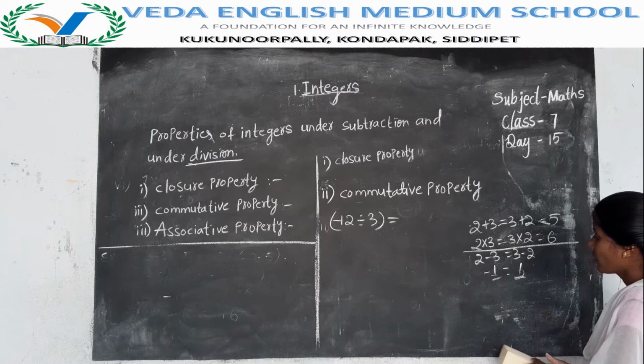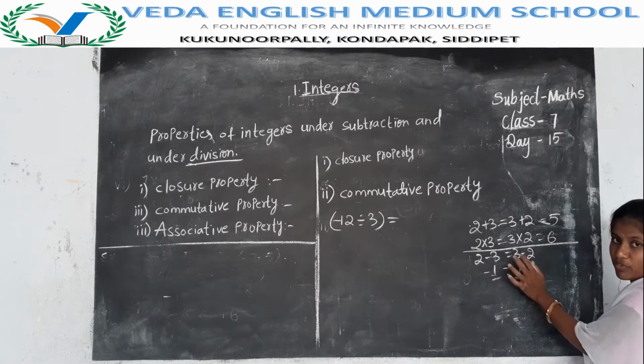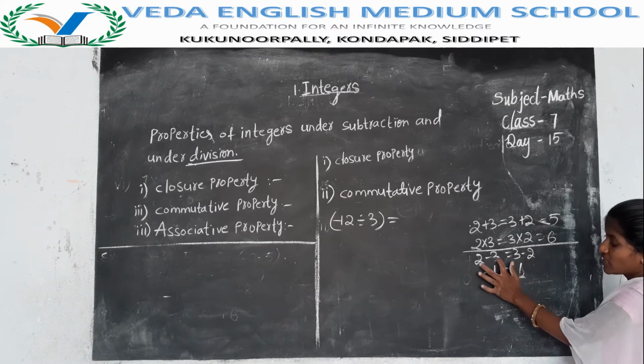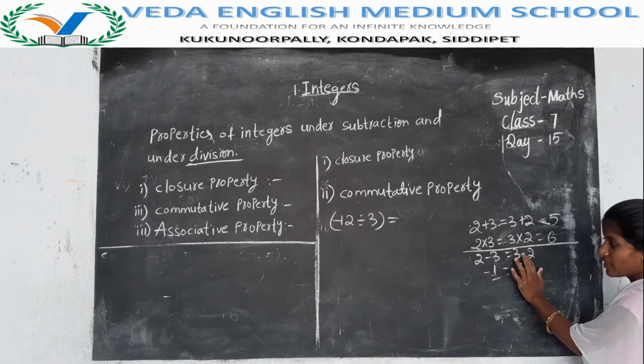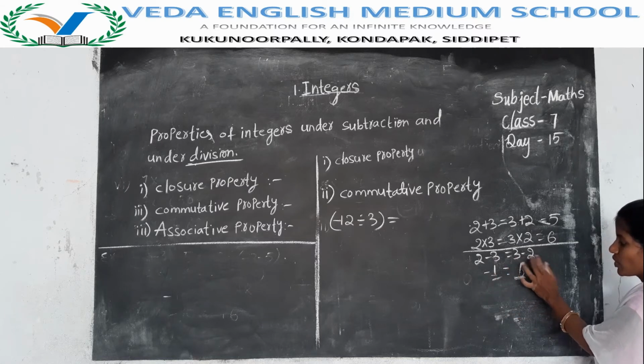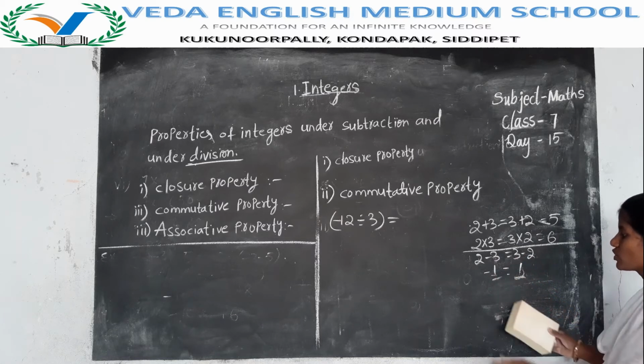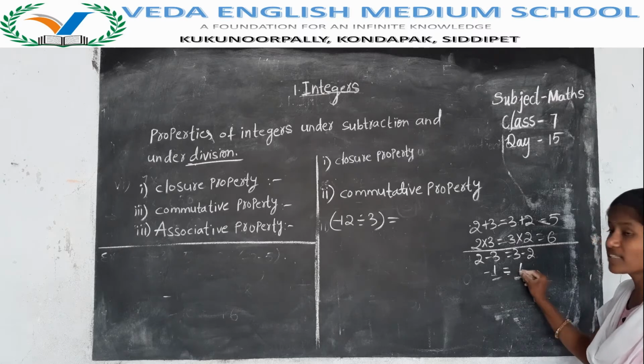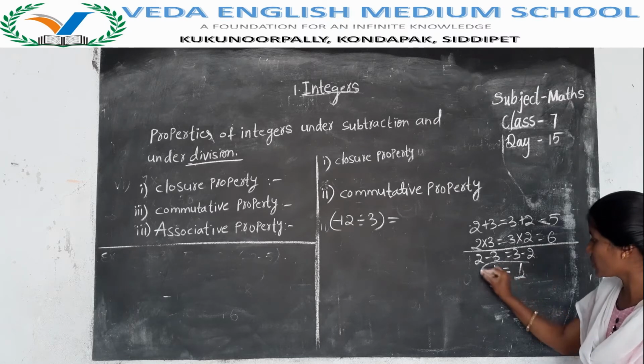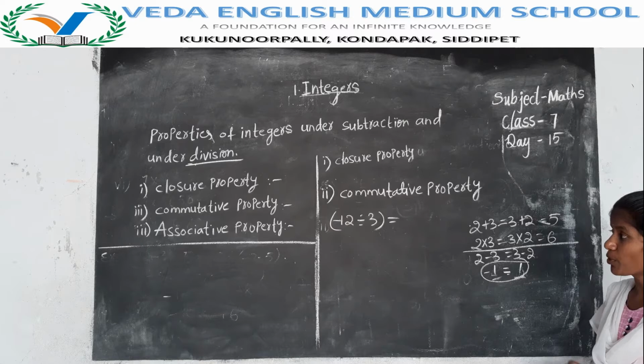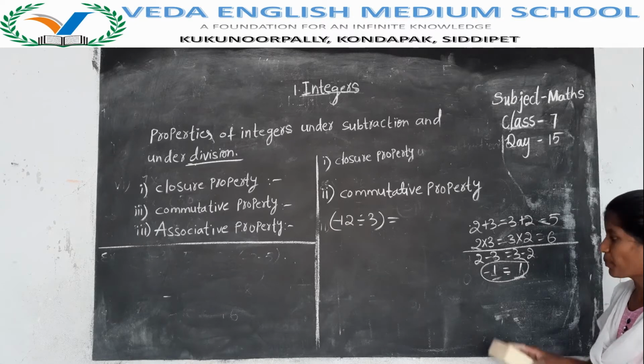Because before changing their places the expression is 2 minus 3, then change their order, that means 3 minus 2. 2 minus 3 answer is minus 1. 3 minus 2 gives the answer as 1. So here and here the answer is different.